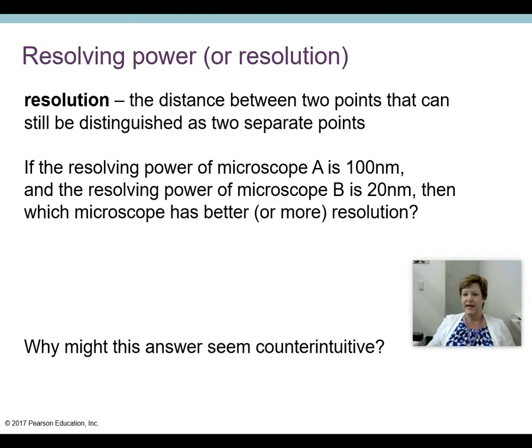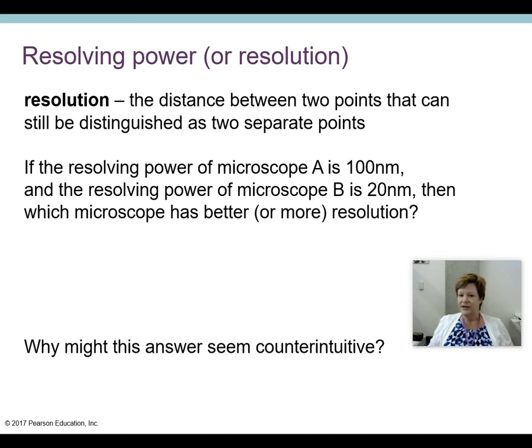Which microscope has better or more resolution? Actually, it's the smaller number, because if you can clearly see using microscope B two things that are only 20 nanometers apart, but you can only see them separated in microscope A if they're 100 nanometers apart, then B is stronger. B has better or more resolution.